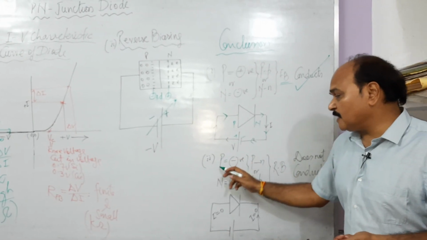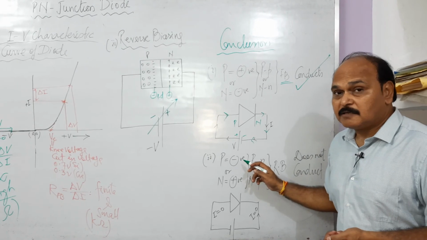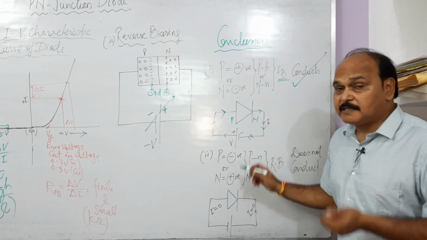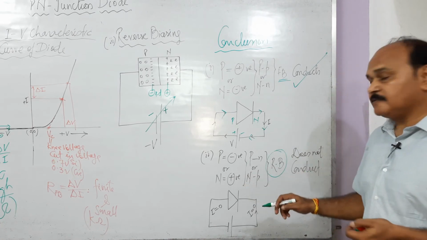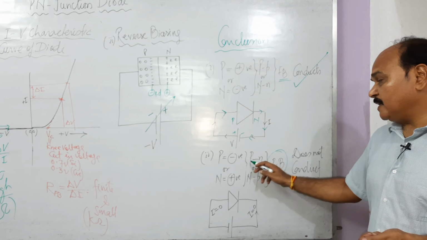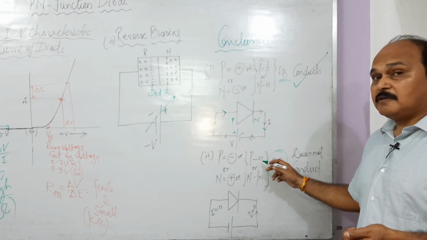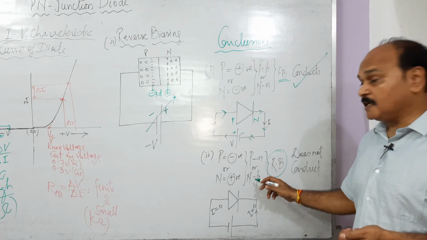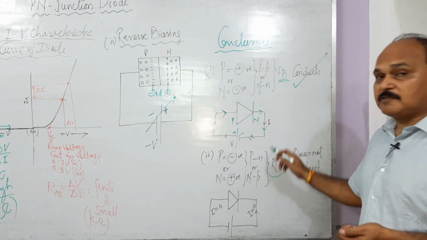Well, when P is connected with the negative terminal of the battery, or N is connected with the positive terminal of the battery, in that case the diode is what? Reverse bias. And how to remember it? PN, NP. P connected with the negative terminal of the battery, or N connected with the positive terminal of the battery, the diode is reverse bias.